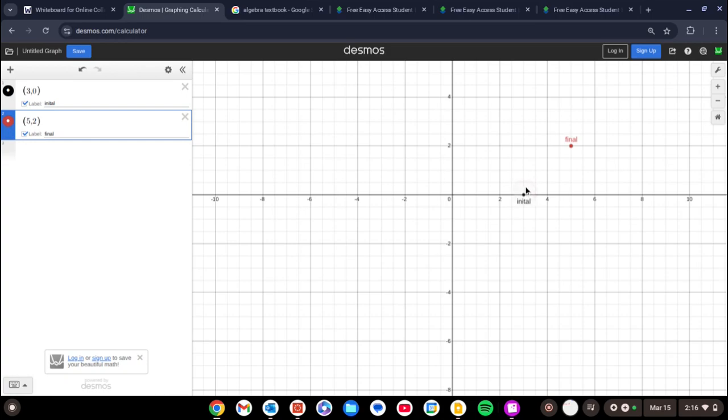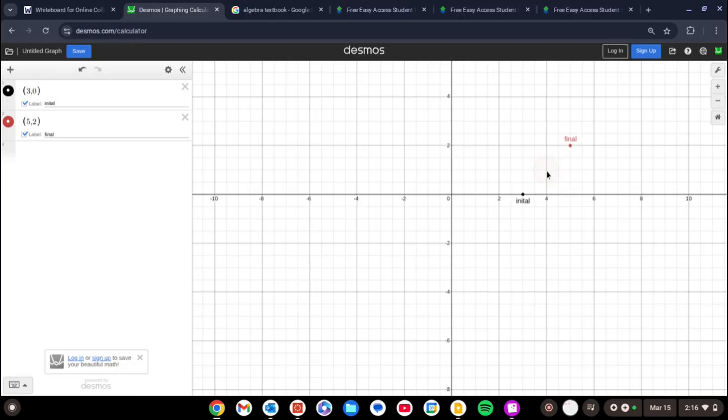So if we do that, you can go up here to here. That's up 1, then to the right 1, up 1, to the right 1. So you can actually find that there would be another point right at x 4 and y 1, but we're not going to worry about that right now.